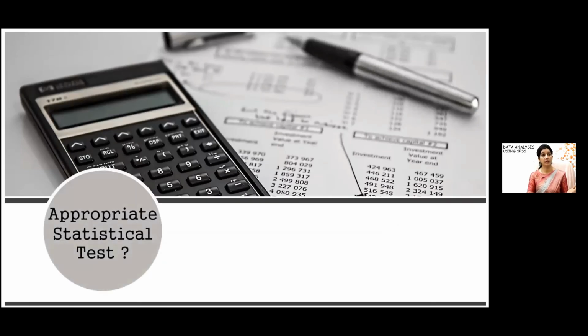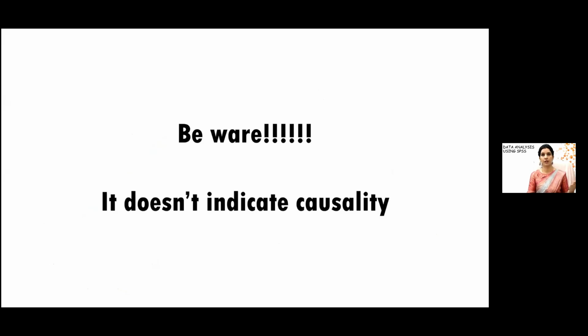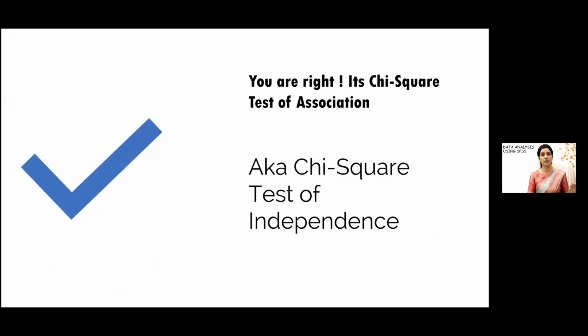We know that ordinal and nominal are clubbed together and we call it a categorical variable because it has categories. So if I want to see the association between categorical variables, the correct choice of test is the chi-square test of association, also known as the chi-square test of independence.